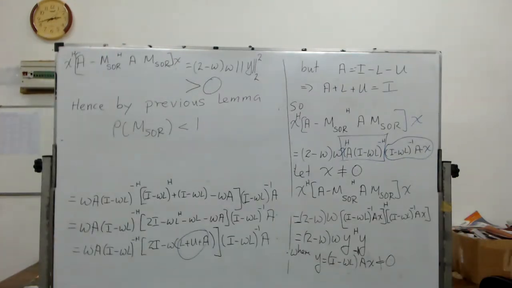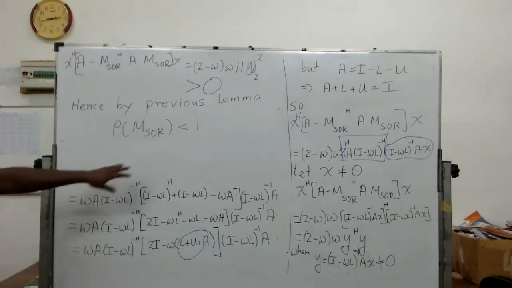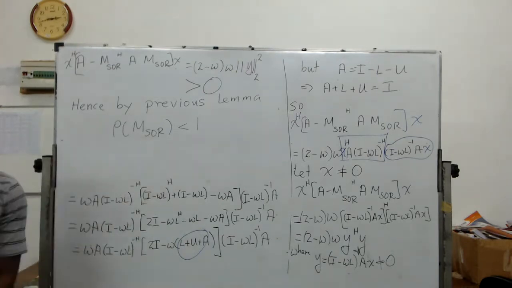Okay, so that is what we need to show, because we already proved that whenever the spectral radius of the iterative matrix is less than 1, the sequence converges irrespective of the initial value. So we don't need to rewrite it again; the convergence follows from this.